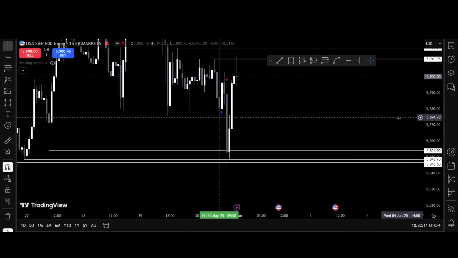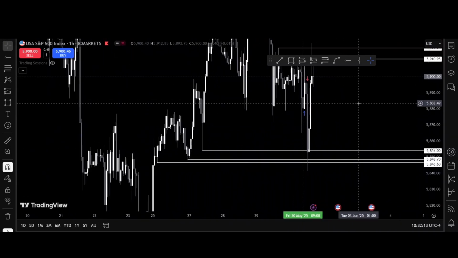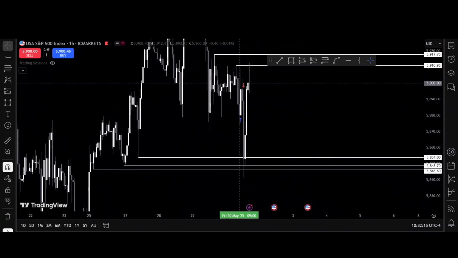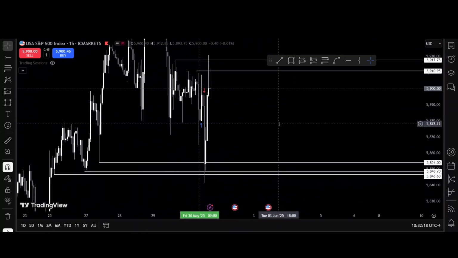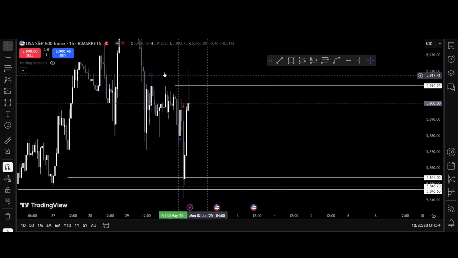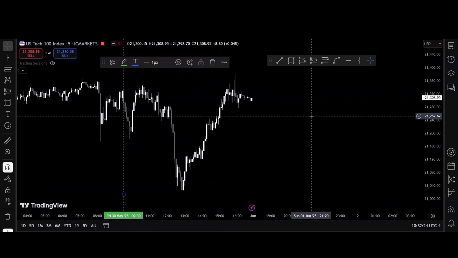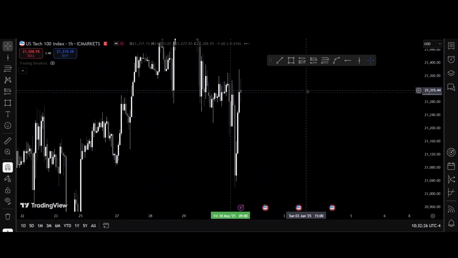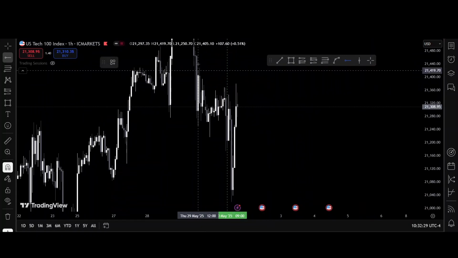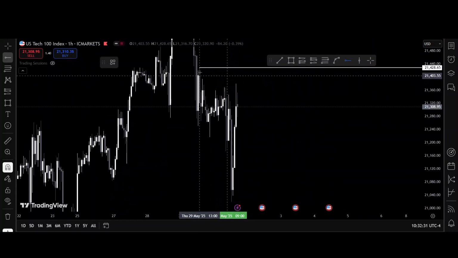We had low resistance liquidity on the downside. On ES, we got 3 different areas of liquidity on the downside. But on NQ, on the other hand, we had 3 areas of low resistance liquidity on the upside.